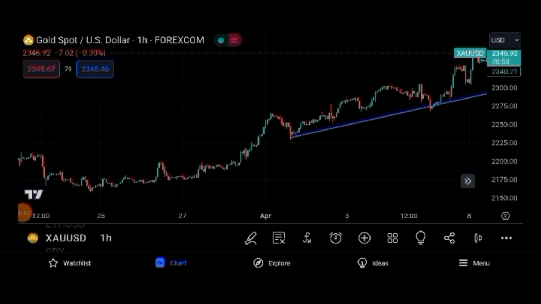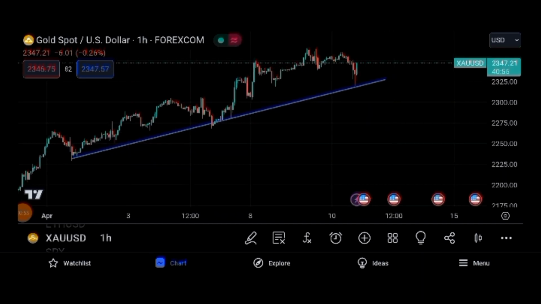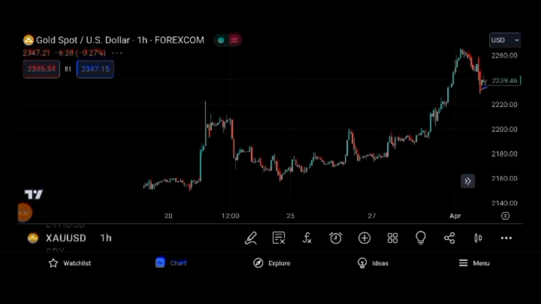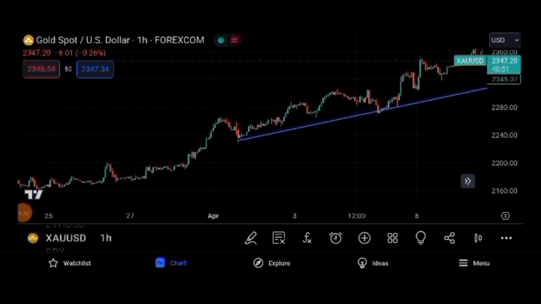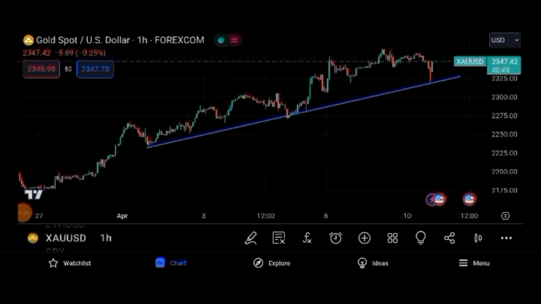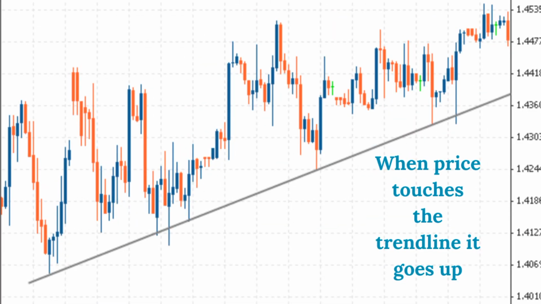So this trend line is also what we call a moving demand zone, because as you can see, price hits it, goes up, price hits it again, goes up until it breaks that structure.